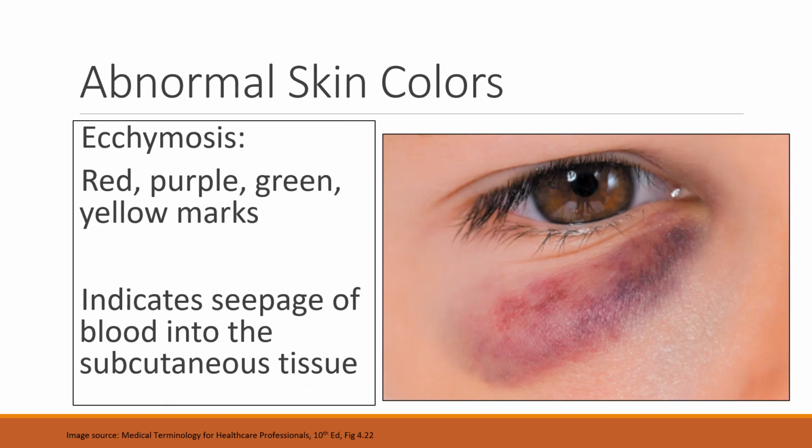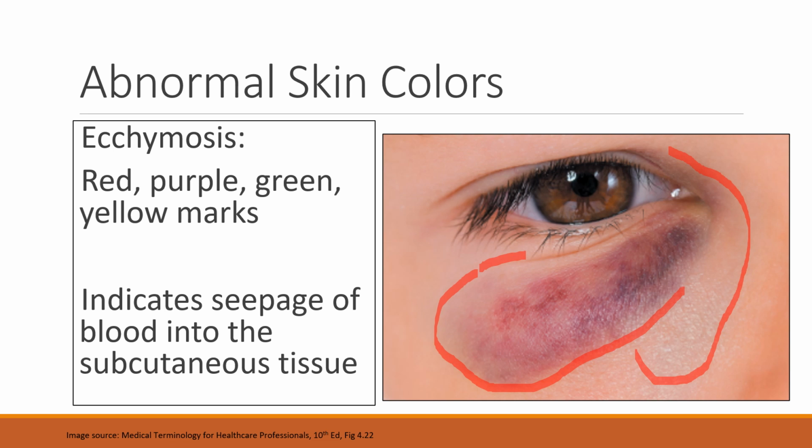Next up, ecchymosis. I think everybody has experienced this at least once in their life. It's a discoloration of the skin due to a collection of blood. Actually, I think it goes around this way a little bit here too. A more severe form of that might be considered a bruise or even something like a hematoma.